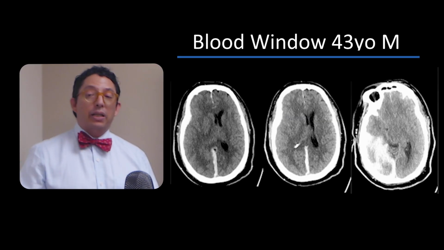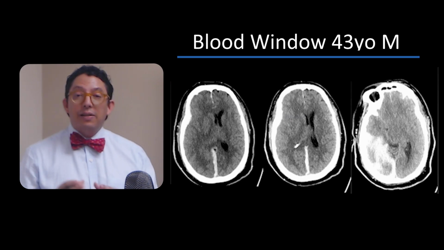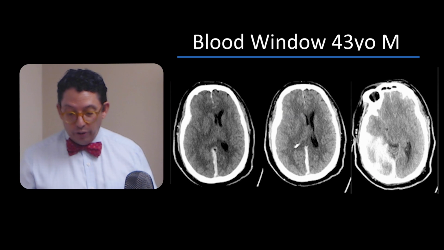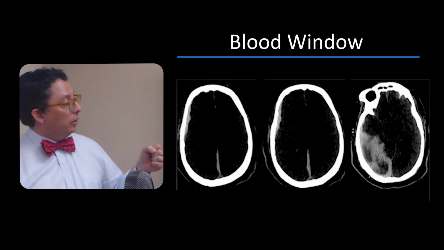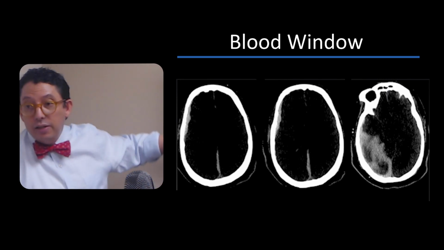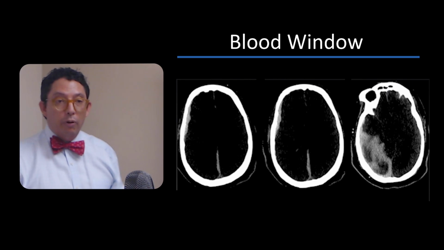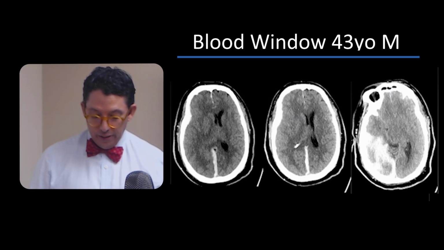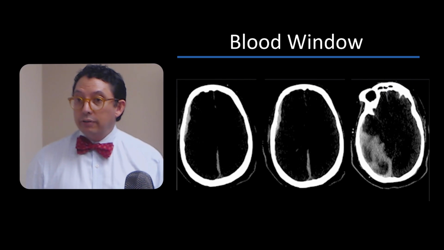You're really suspecting or sure that there is a bleed, but in order to really differentiate the bleed from any other structure that looks like bone, for example, you need to window the level of the image, and then you can really see where the blood is, and you can differentiate the blood from the bone. So you see this, and you see that, and now you can really identify bone from blood.